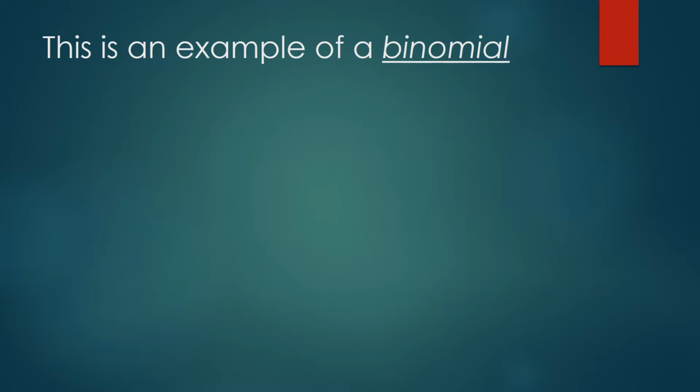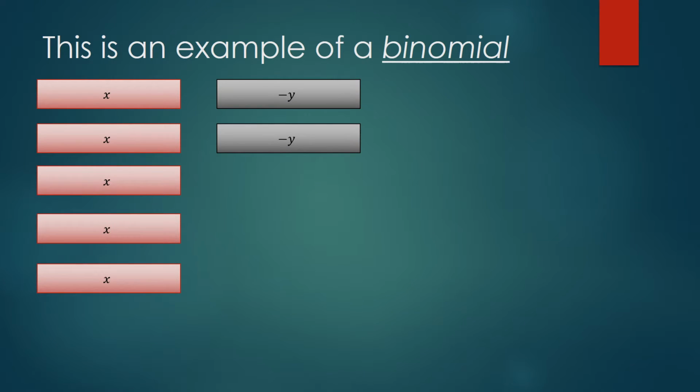Another example, let's look at an example of a binomial. So it has 2 terms connected by a plus or minus sign. Look at the x's, there's 1, 2, 3, 4, 5 of them. So one kind of variable here is an x, and it's represented, notice, by a bar. And you have a negative y. Notice, since it's negative, last time with the notes, we shaded it.